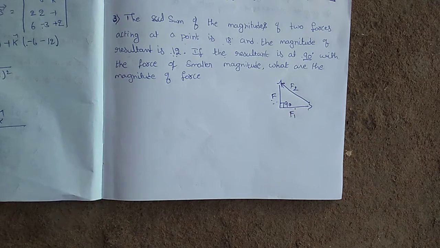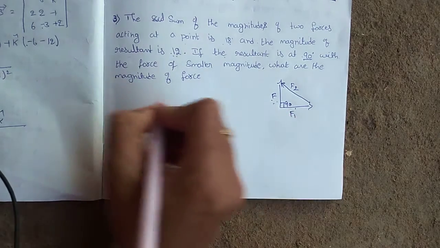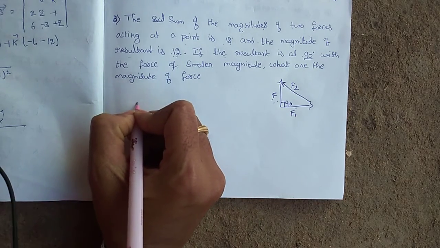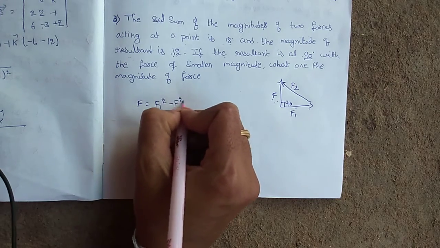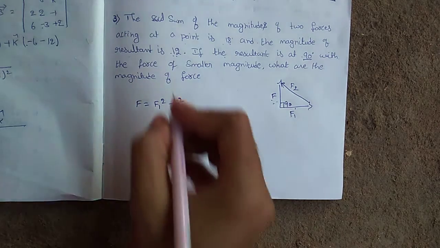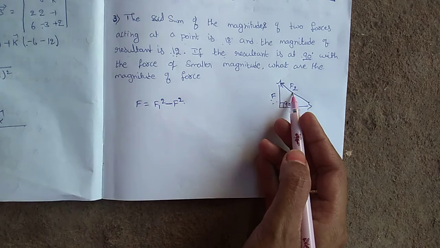So now, by using the Pythagoras theorem, what happens? F square is equal to F1 square minus F2 square. Why have I taken this? Because the hypotenuse is greater.